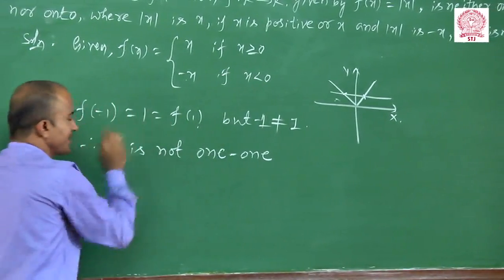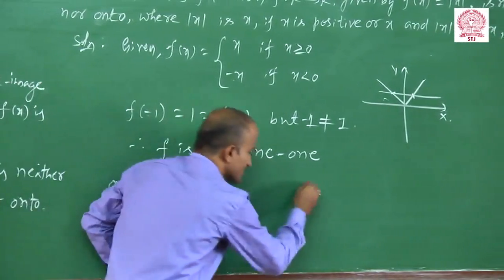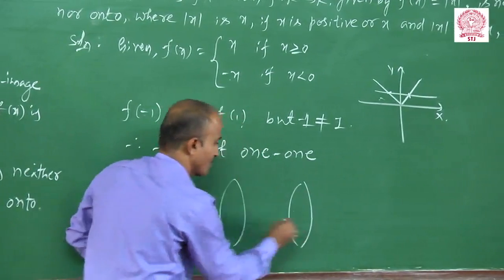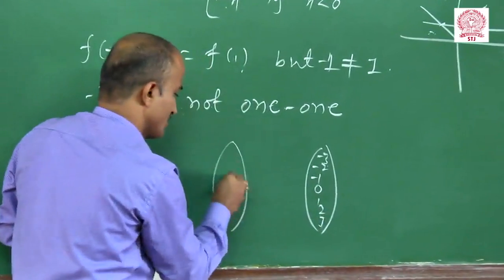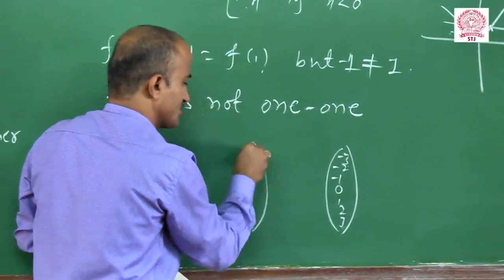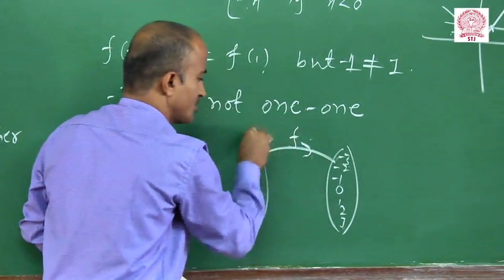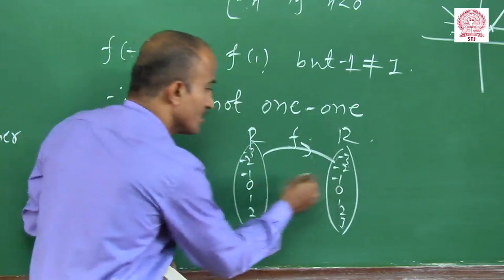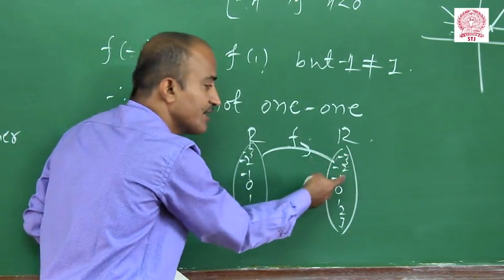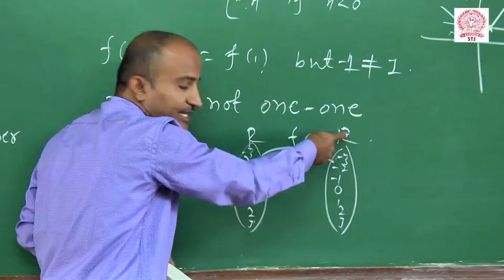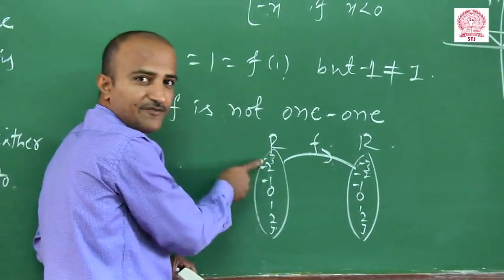Now, to examine the onto condition, take any negative element. We have 0, minus 1, minus 2, minus 3, 1, 2, 3, where f is a function from R to R. None of the negative elements of the codomain are the image of any element of the domain.